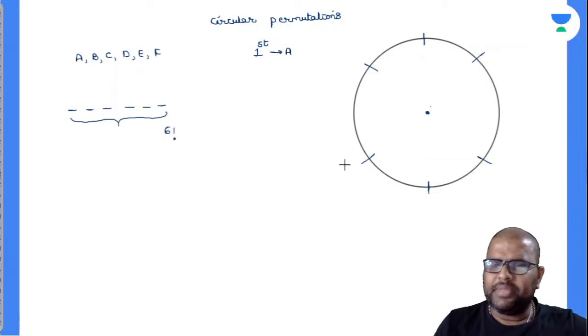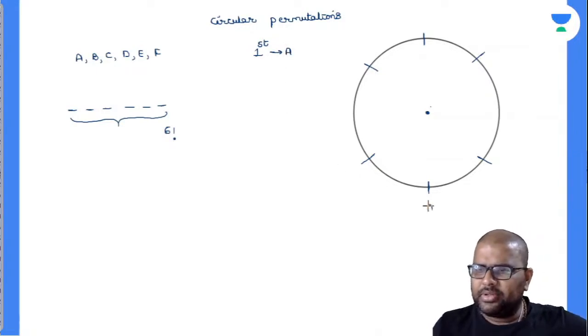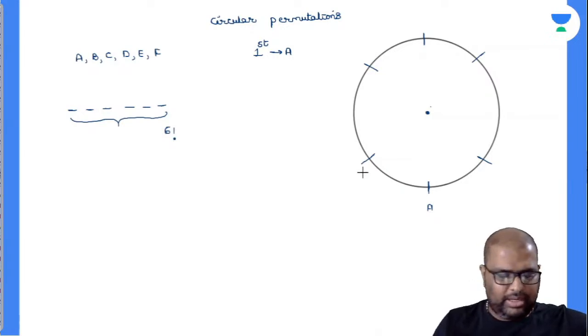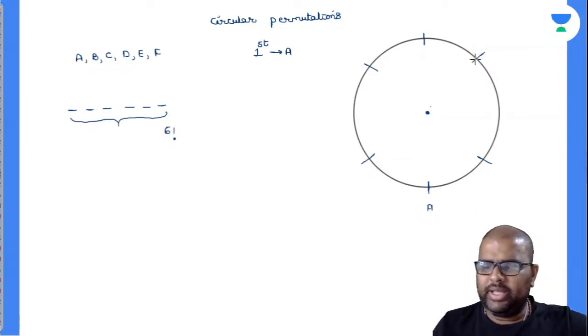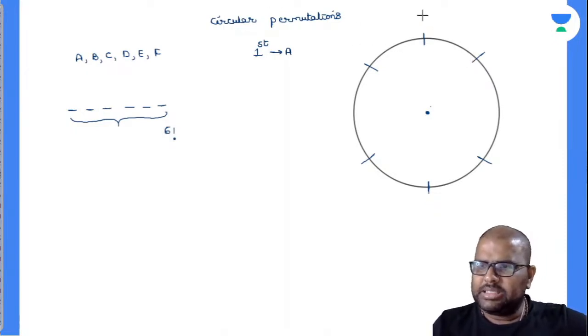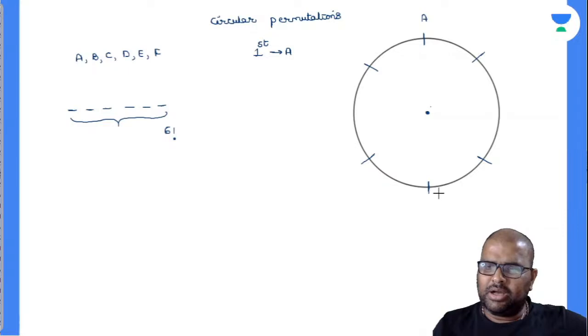Let's suppose if A is here, immediate left of A is 1 person, immediate right of A is 1 person, opposite to A is 3 persons. Okay, I'll change the position of A. Now let us suppose A is here. Immediate left of A is 1 person, immediate right of A is 1 person, opposite 3 persons.